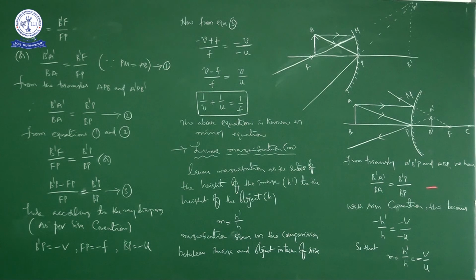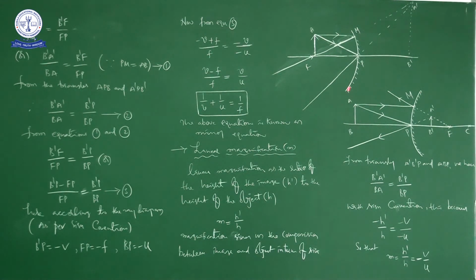Now, with sign convention, B'A' is minus H', that is the size of the image, divided by H. In our previous classes I told you regarding the sign convention: upward positive, downward negative, according to the Cartesian coordinate system.